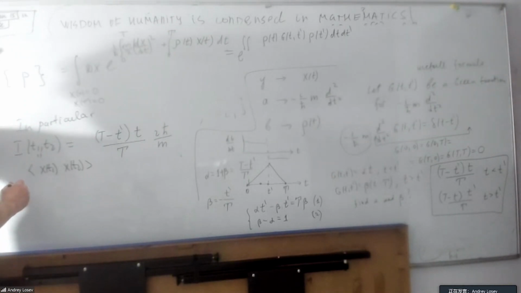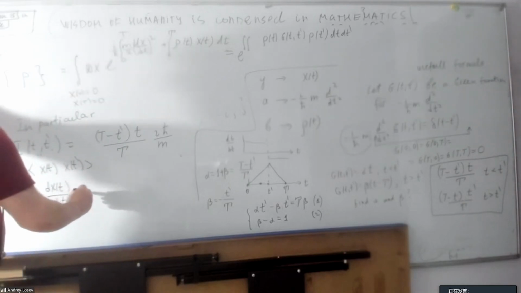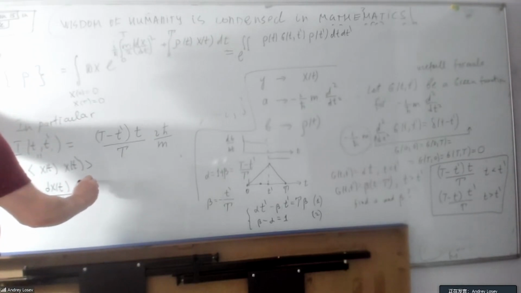Now, how to get the correlator of dx over dt with x of t prime?